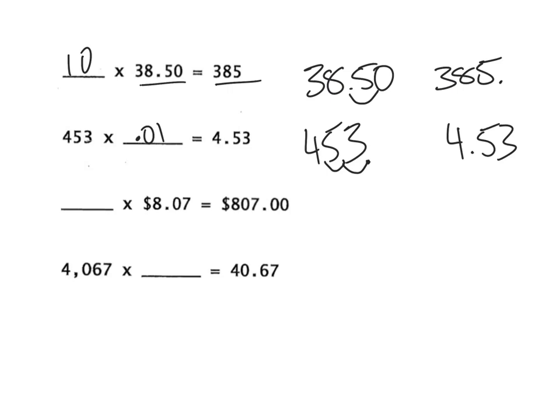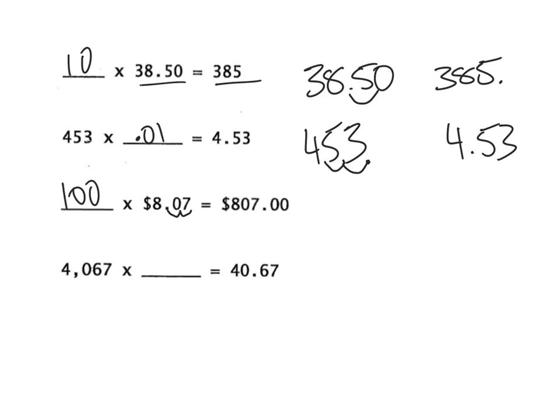So again, if I'm getting bigger, I'm thinking times 10, times 100, times 1,000. Well, to go from $8.07 to $807, they would have had to make two jumps. And if they made two jumps with that decimal there, that means two zeros. So it looks like they multiplied that by 100.